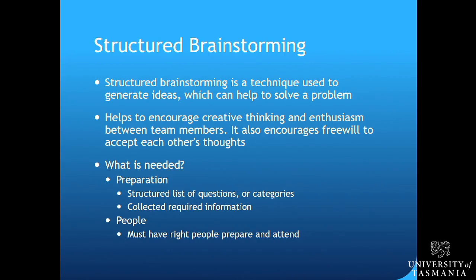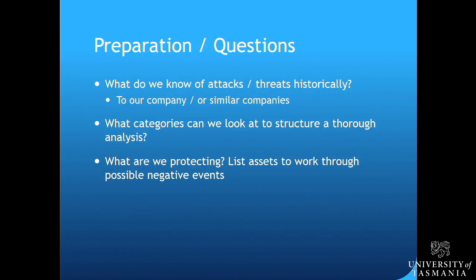We want them to be prepared. We want them to know about the company and the infrastructure. If they don't understand our context, they actually aren't particularly useful. We want them to have a bunch of information about the kind of technologies involved. So we need knowledge, we need people, and then we need time together to actually do the brainstorming.